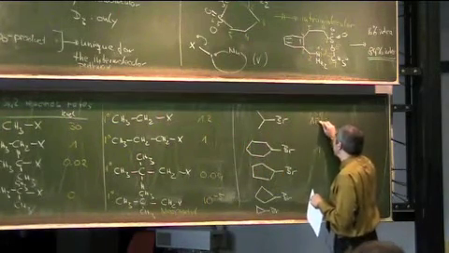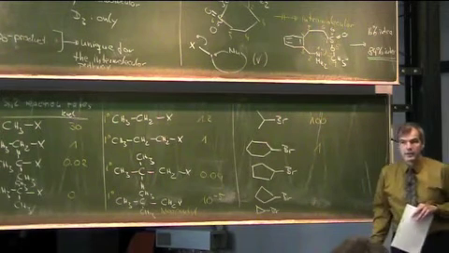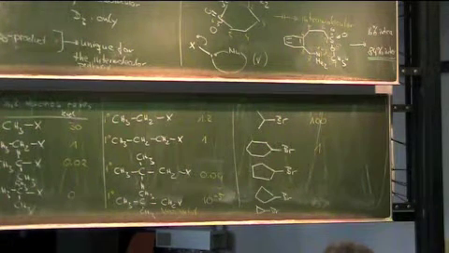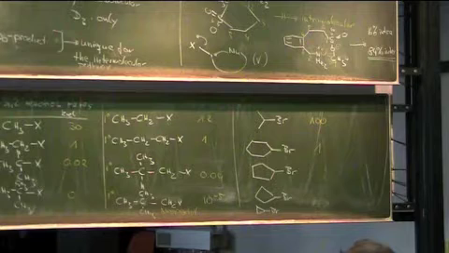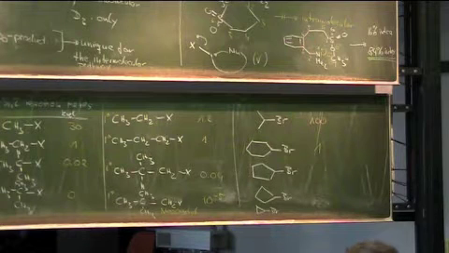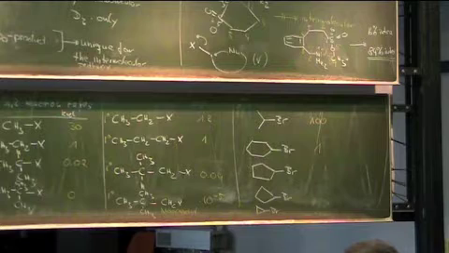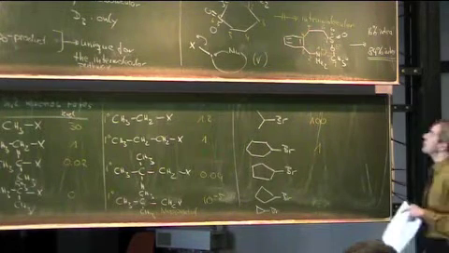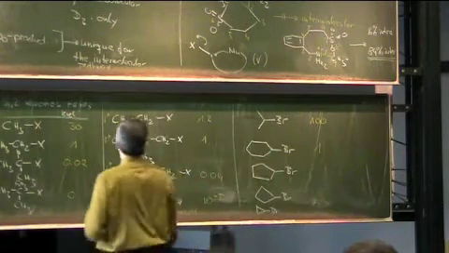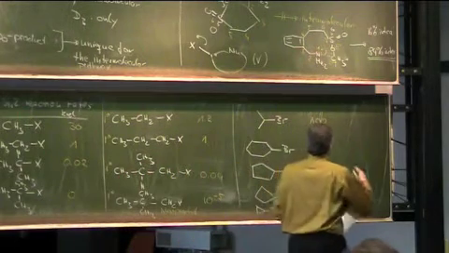Interestingly enough, it's a lot faster. And why is this? I guess it's because the cyclohexyl can do the inversion quite easily. Yeah. Again, do we still have the mechanism up?